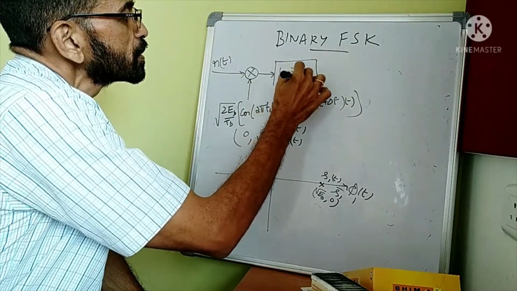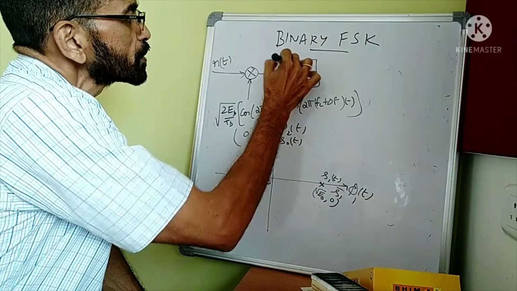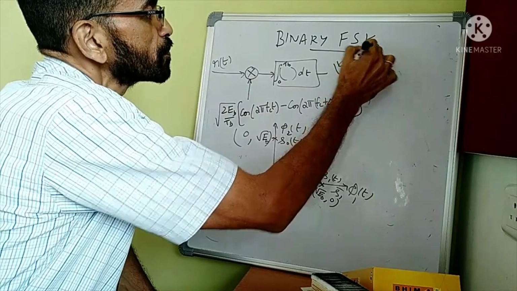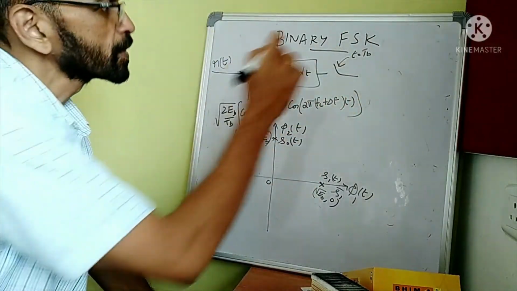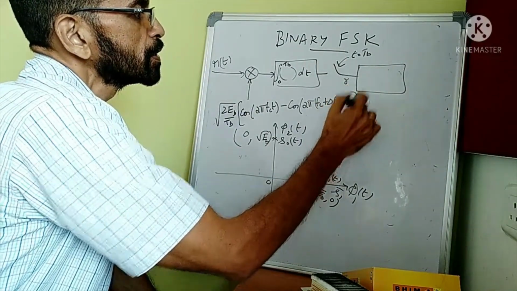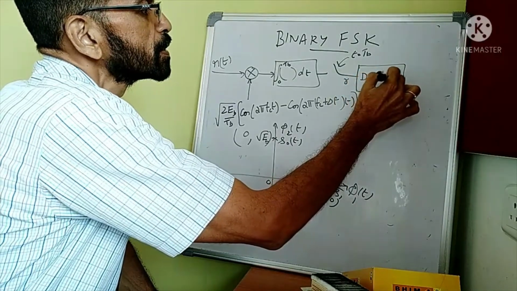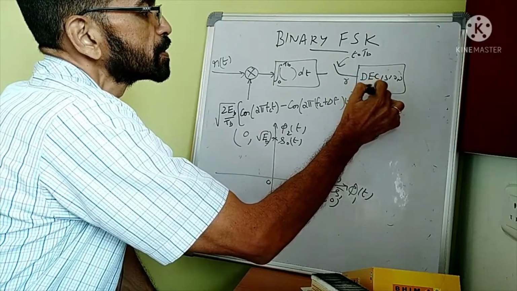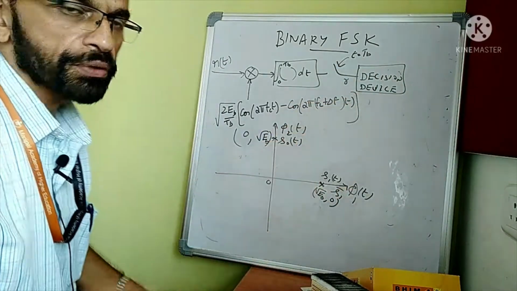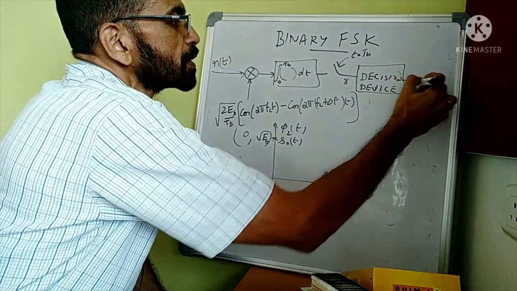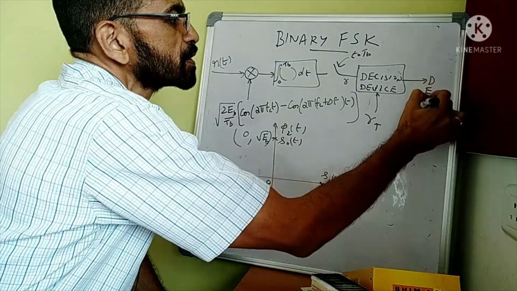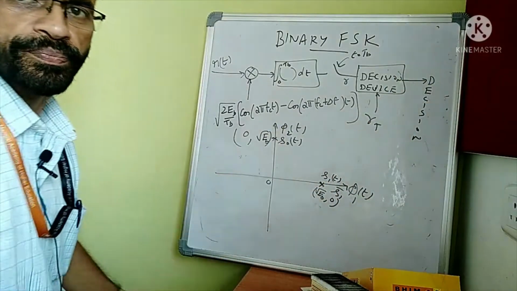Then integrate over the signaling interval, sample at the end of the integration interval, that is at TB, to get gamma, feed that to a decision device or decision circuitry, whatever we call it, and then set the threshold and get the decision here.